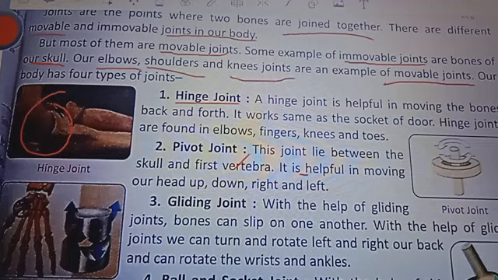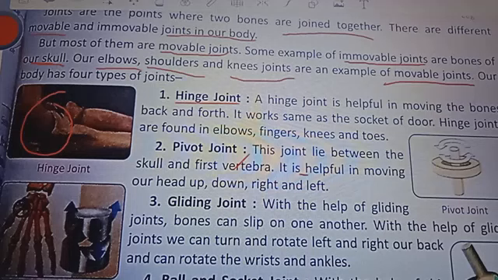Next is the gliding joint. With the help of the gliding joint, bones can slip on one another. With its help, we can turn and rotate left and right our back, and can rotate the wrist and ankles.